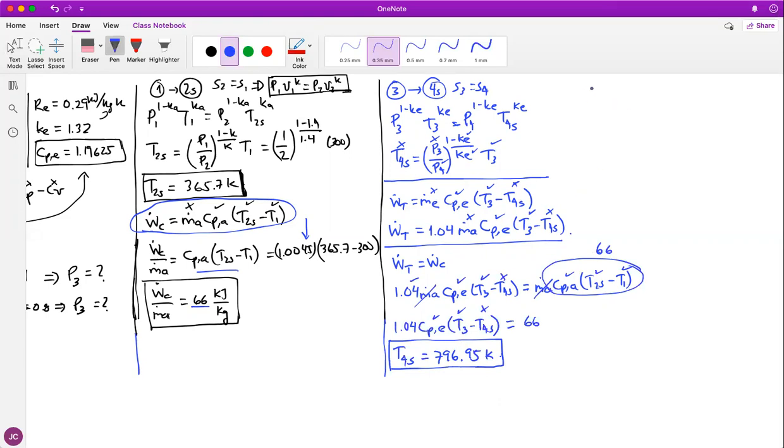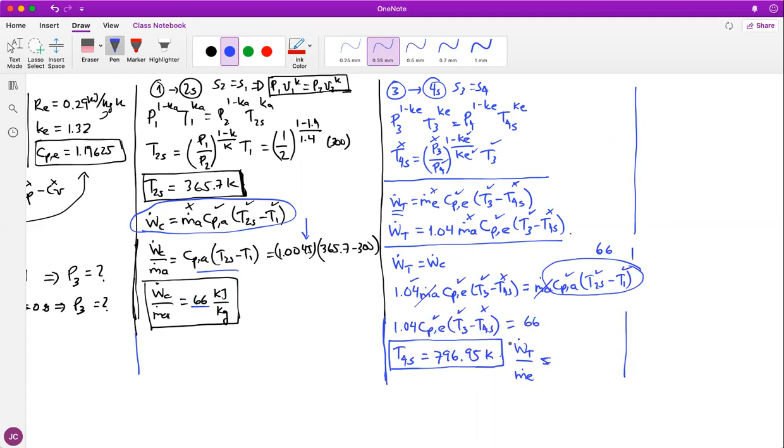Now, so T4S. And then what? What I can do over here is maybe find this other quantity.